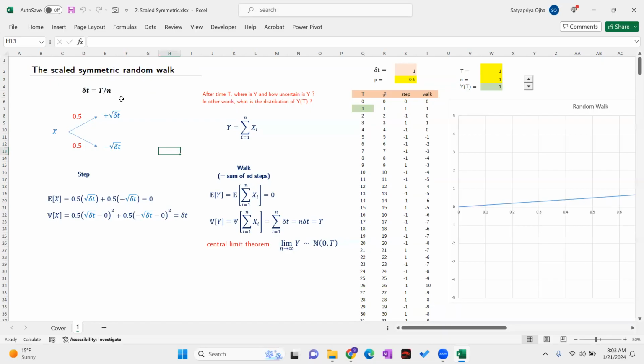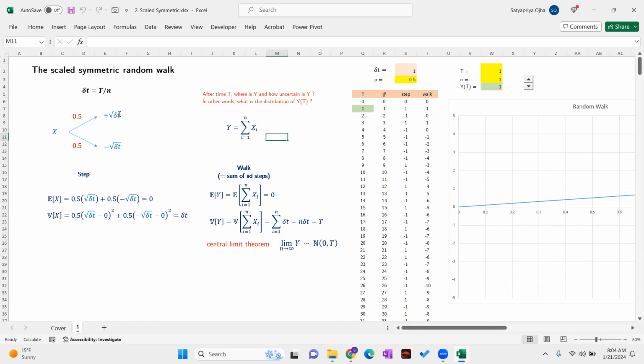I can artificially make any number of steps. I can take 1 second as a step, and the process will just explode. So depending on the number of steps that I take, I need to adjust the step size as well so that it is manageable. The overall walk has a specific and finite distribution. It doesn't blow up.